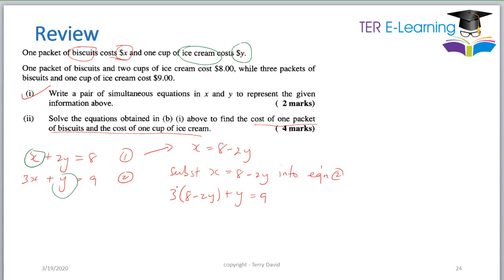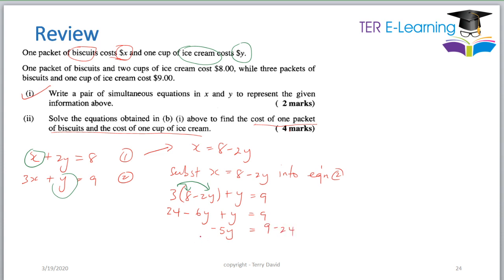Anytime we have to remove brackets, we need to use the distributive law. So 3 multiplied by 8 is 24, and then 3 multiplied by minus 2y gives me minus 6y, plus y equal to 9. So minus 6y plus y gives me minus 5y. Then I'm going to carry the 24 to the other side.